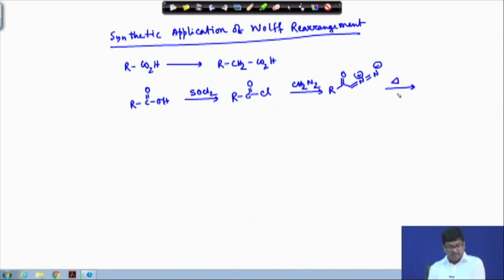So, under thermal conditions, it will form the carbene, and this can go for the Wolff rearrangement to give the ketene moiety.